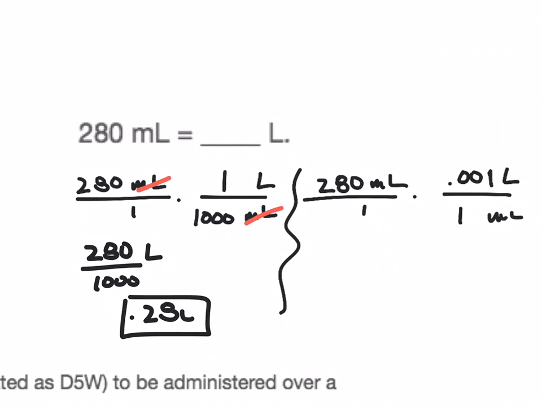If I were to do the same thing over here, my milliliters are going to divide out as well, but I'm going to get 280 times 0.001 liters. So if I do 280 times 0.001, I'm also going to get 0.28 liters out of this.